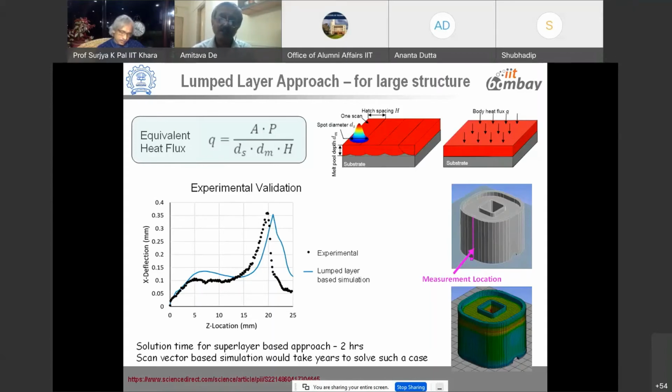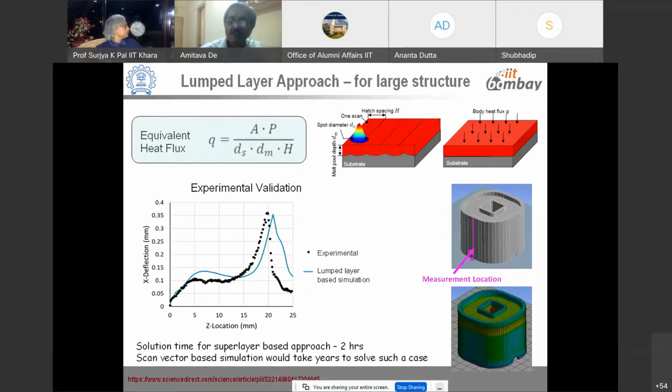Such models are also being used, especially for the prediction of mechanical stresses and distortion, which are very important, especially when we build large parts where dimension control is very tight. And these models are not yet being used very openly.